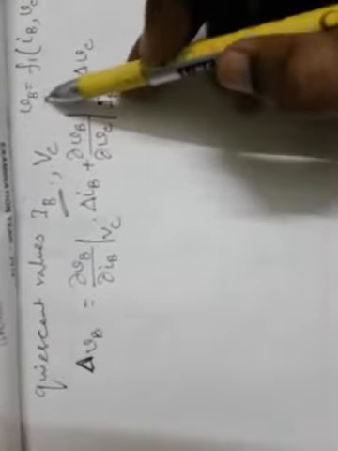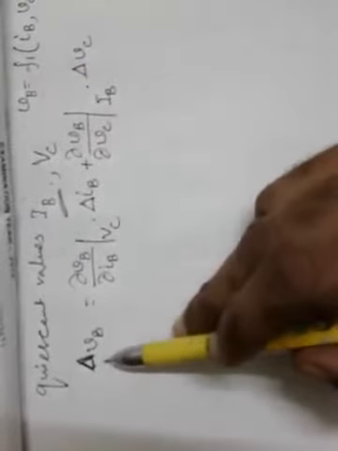That means if there are some changes in these two independent variables, IB and VC, there will be a parallel or simultaneous change in the VB value, that is the dependent variable. The change in the dependent variable is represented by delta.